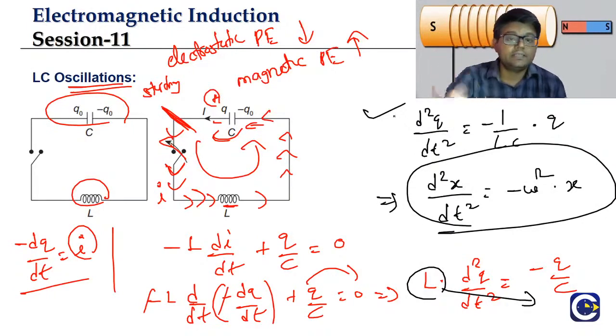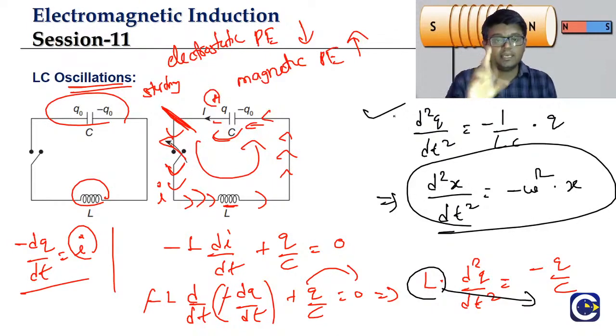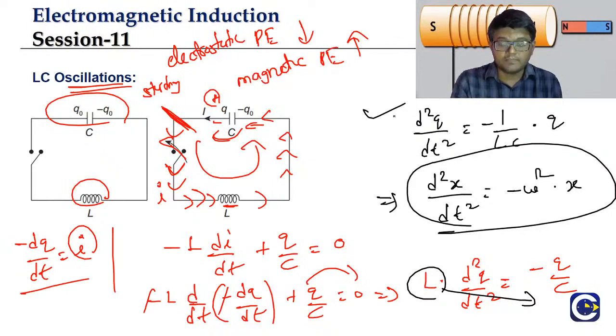Here I just want you to understand the concept of what we mean by LC oscillations. In AC, when we discuss the LC oscillations, we'll probably do the derivation one more time, but we are also going to discuss a lot of other things, like how the damping will occur and what factors contribute to damping.